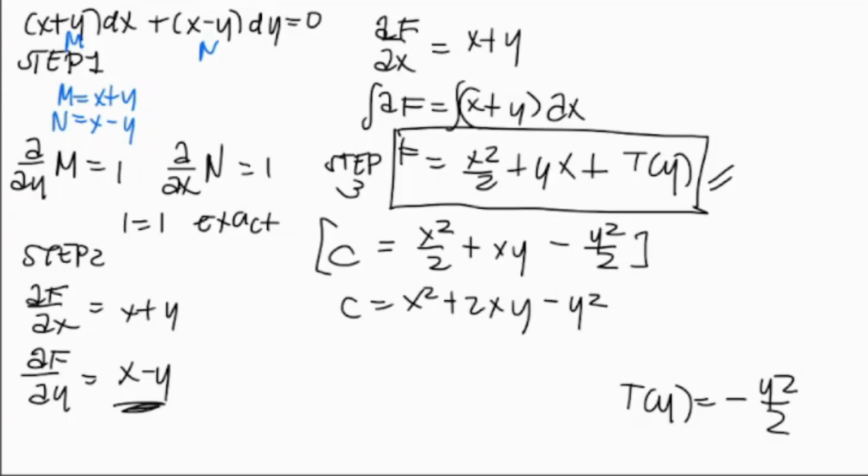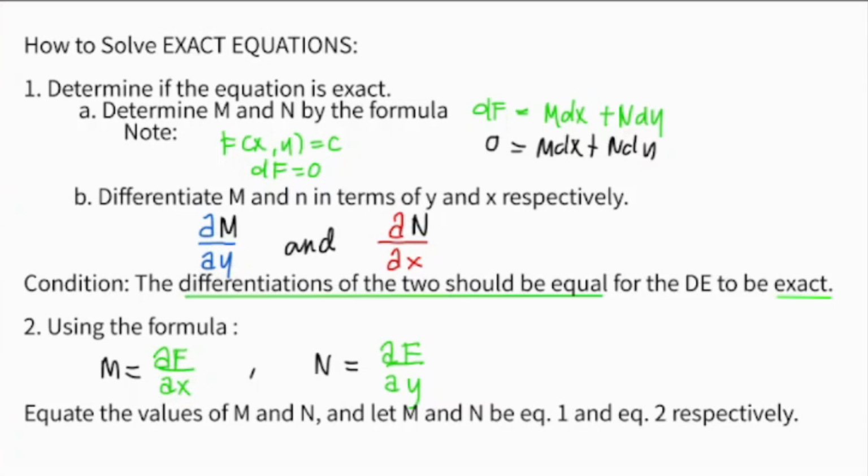So, yan na yung final answer natin. So, yan lang naman yung mga steps natin on how to solve exact equations. Para mas ma-practice natin kung paano mag-solve without looking at these statements and formulas, we should solve more problems.